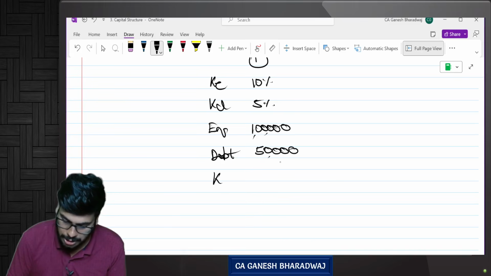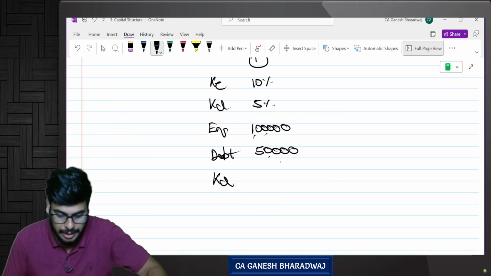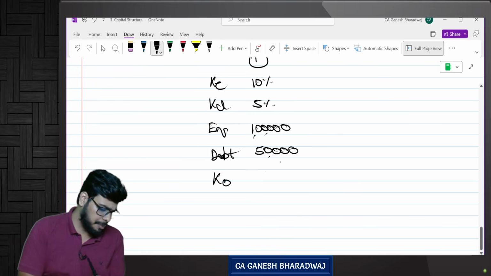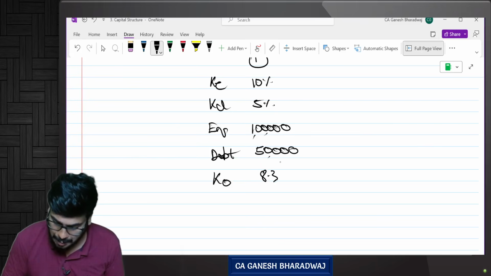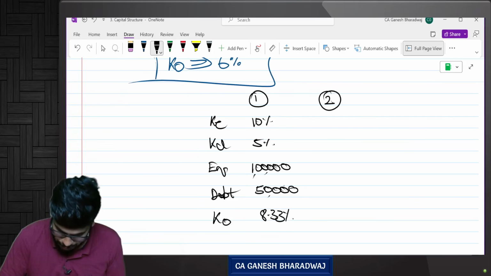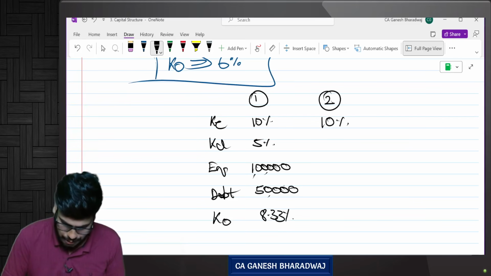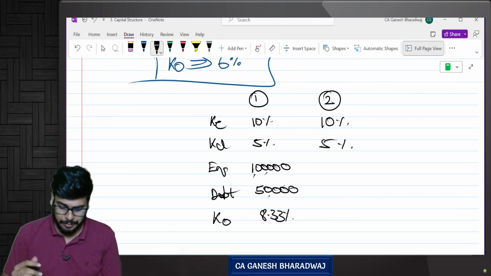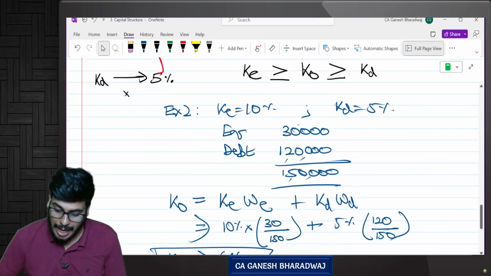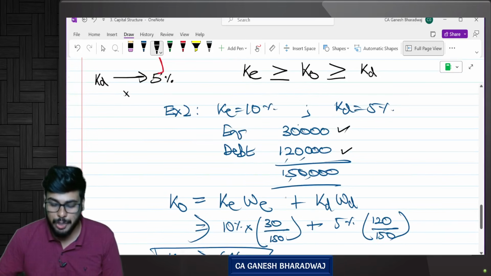And the overall cost of capital, this is KO, right? KO came to 8.33%. Now, carefully listen. In the second example, KE did not change. KD did not change. Now, equity and debt alone I changed. I made this as 30 and 120, correct?